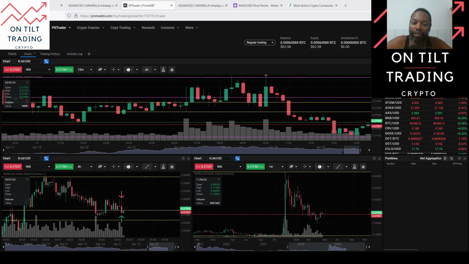Let's double check. Let me double check, what is the low of this? 27,580, and then the close here. Yeah, so this candle here closes the order block, or confirms this order block.